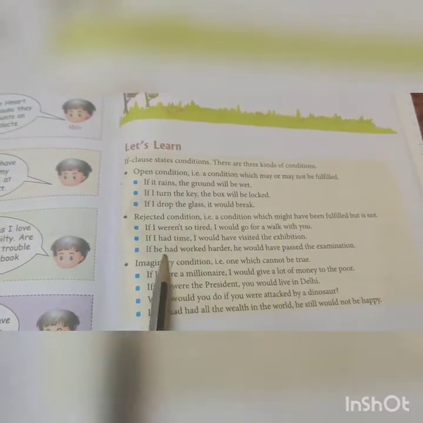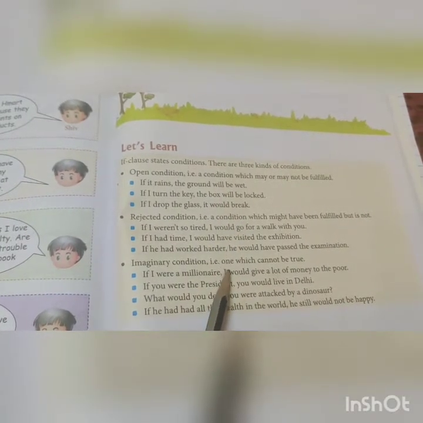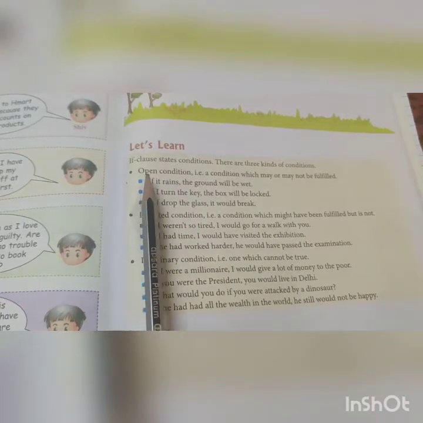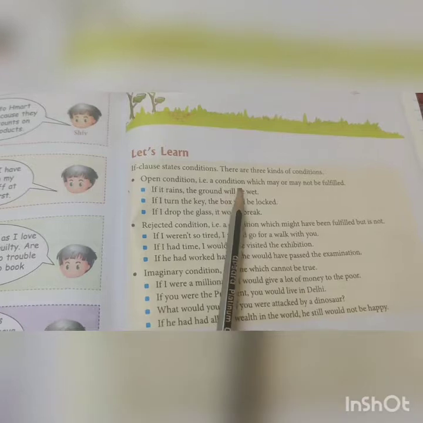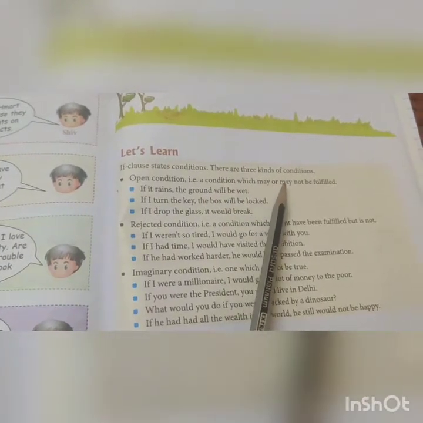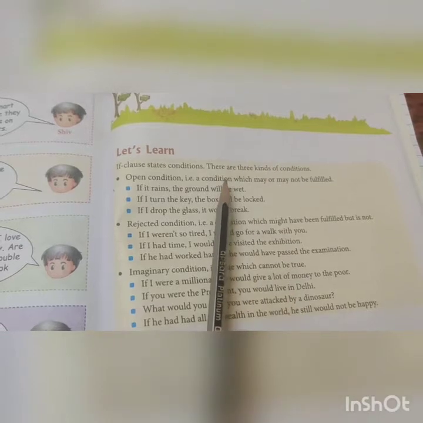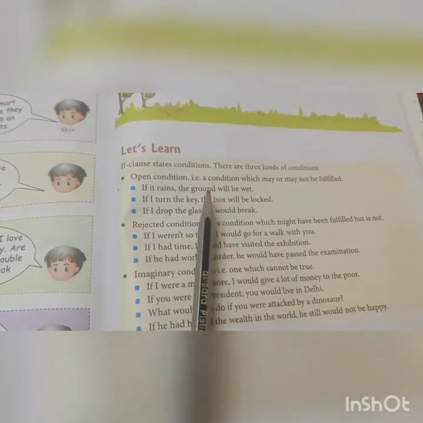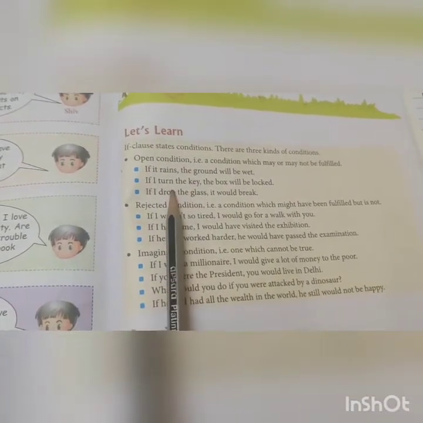These three conditions relate to three different things. For the first one, open condition, that is a condition which may or may not be fulfilled. Something that may or may not happen.